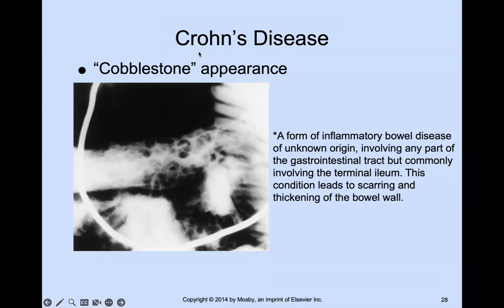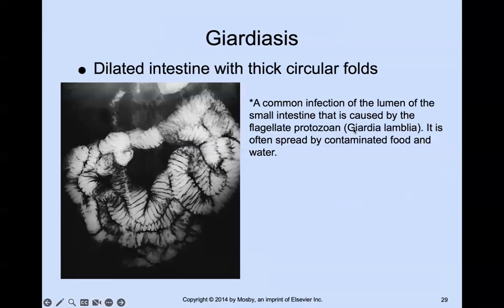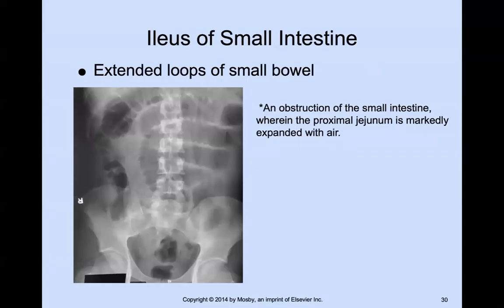I do want you guys to pay attention to the appearance of them radiographically. So for example, Crohn's disease has a cobblestone appearance. With giardiasis, they're dilated with thick folds, and you can see how weird it looks, right? That's because it's dilated and they have very thick mucosa. Again, ileus is an obstruction.